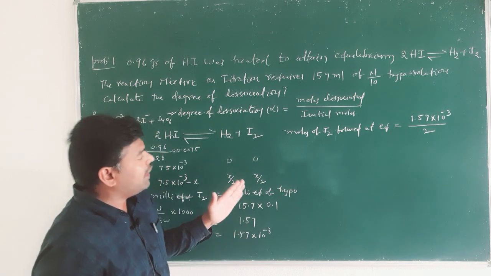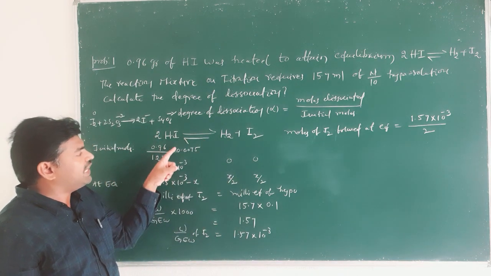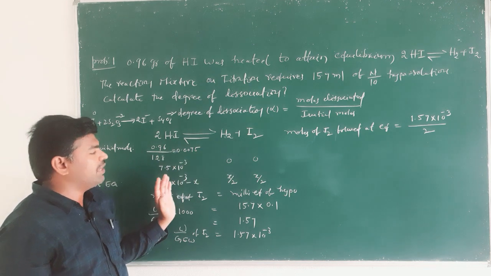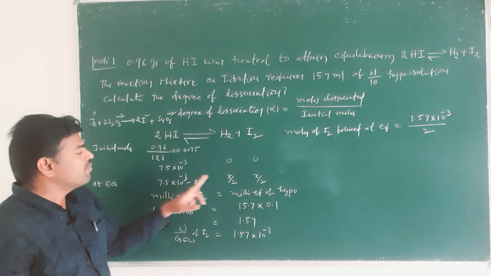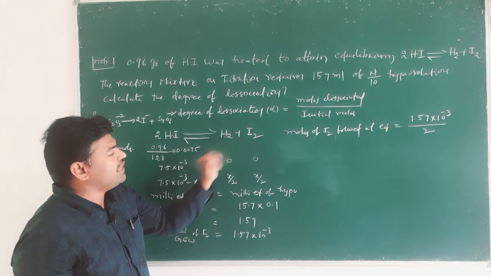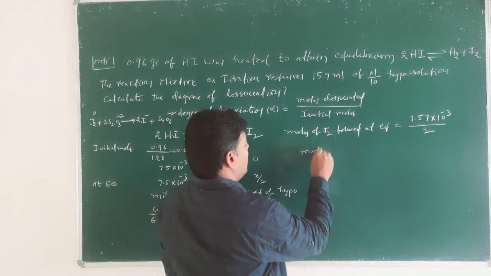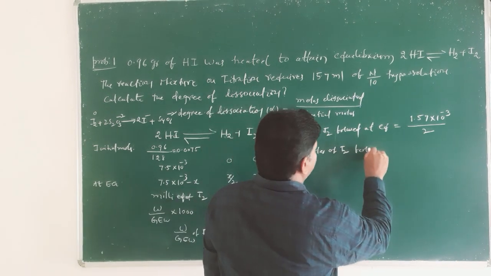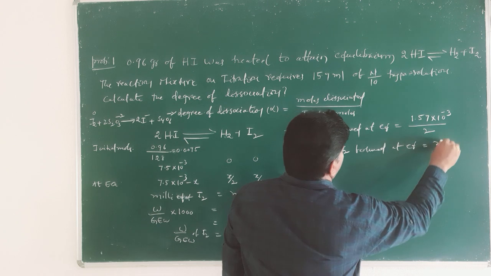But according to our theoretical hypothesis, according to the equilibrium that we hypothesized, moles of I2 formed at equilibrium is x by 2.